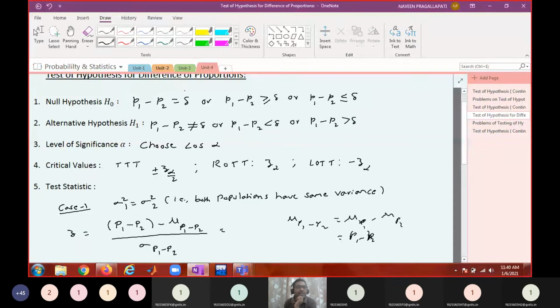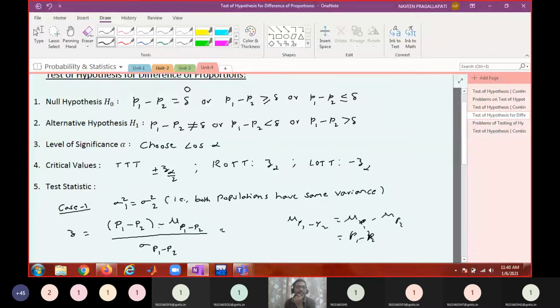If we make the statement that p1 minus p2 equal to 0, that means if you are thinking that there is no significant difference between two population proportions, then p1 minus p2 equal to 0, that means p1 equal to p2. So whenever delta equal to 0, we assume that both have the same variance.